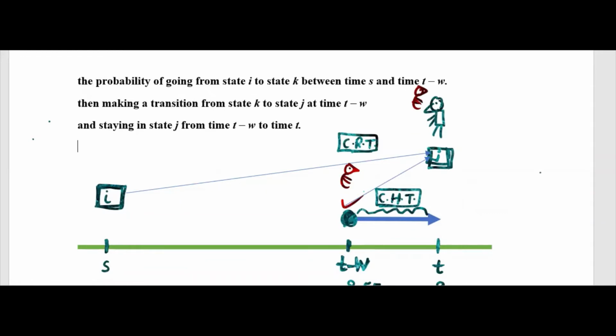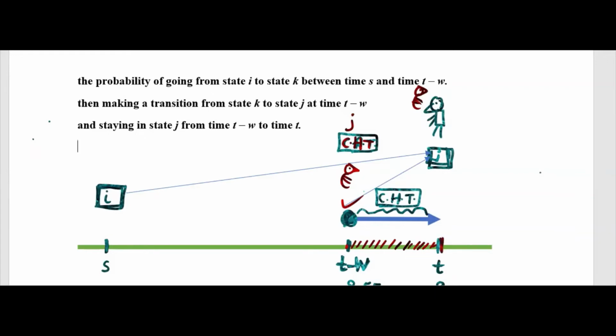When you came here, that means this state and this state are the same. This is J. Why do we say current holding time? We say current holding time because he wants to know since when I have been in this state. That means he is interested to know this time. This is called current holding time.